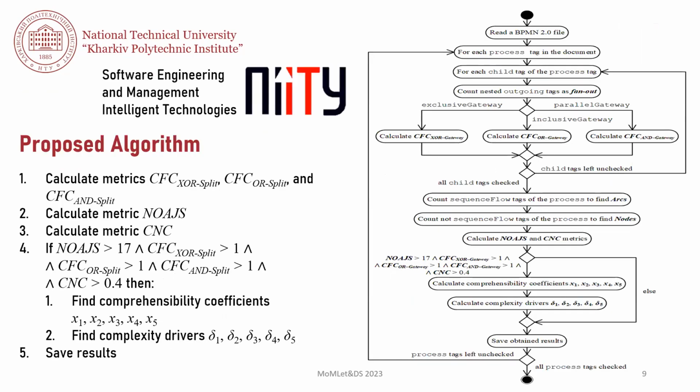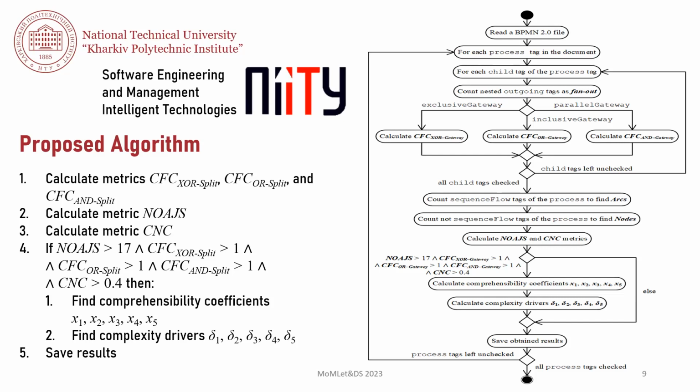And the proposed algorithm demonstrates how we can process business process models to first calculate metrics of the control flow complexity separately for XOR splits or exclusive OR splits, inclusive OR splits, and control flow complexity for parallel splits or AND splits.